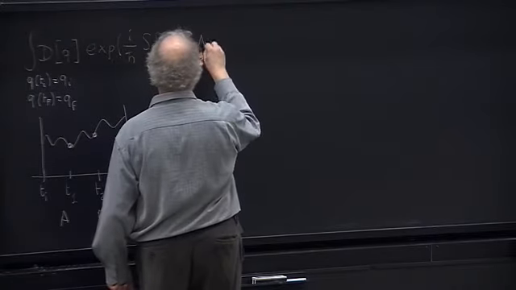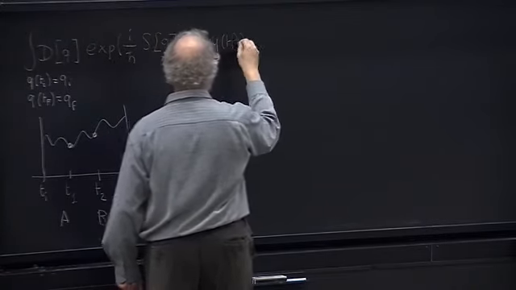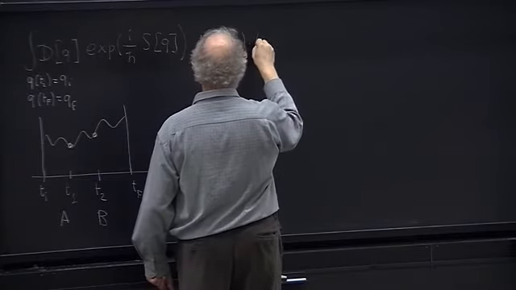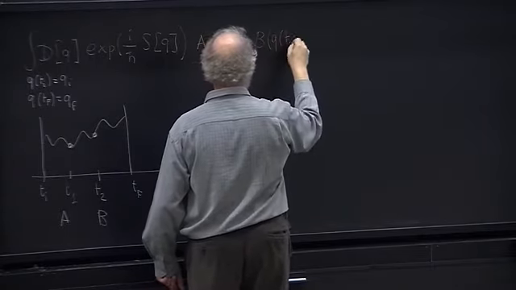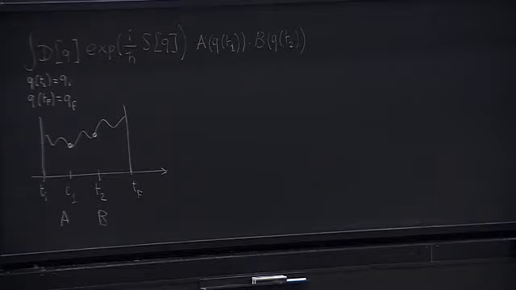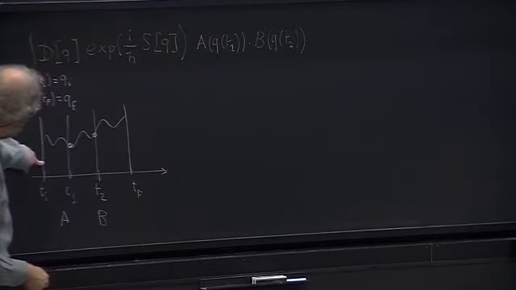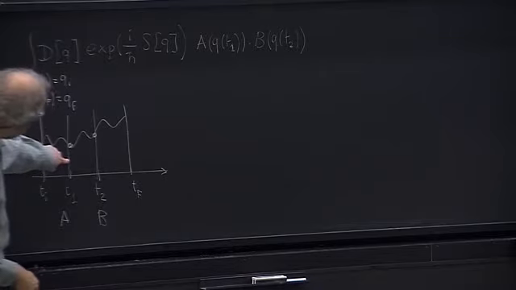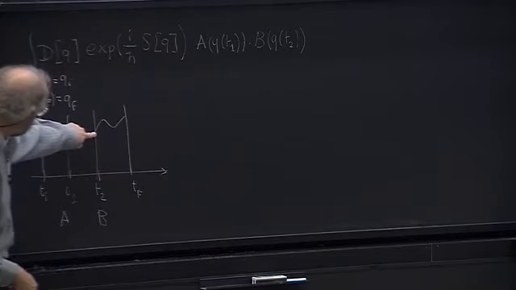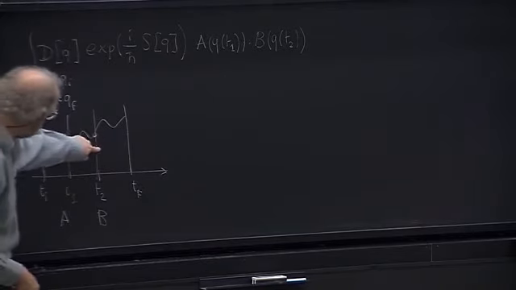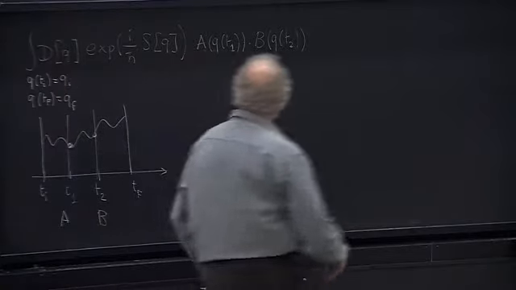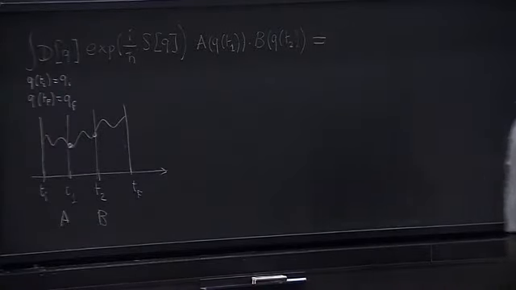And let's, for simplicity, consider A of Q and B of Q. So I consider the function A of Q of T1 times B of Q of T2. And A and B are some functions. But they do not need to be the same. Okay. Well, you can play the same game by just writing the path integral from there to there, integrating over the intermediate position, get a path integral from there to there, integrating over this second intermediate position, and I won't do the calculation because it's exactly the same.